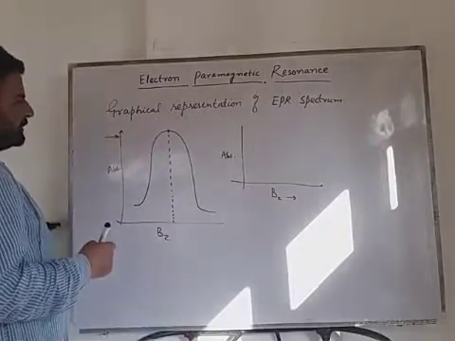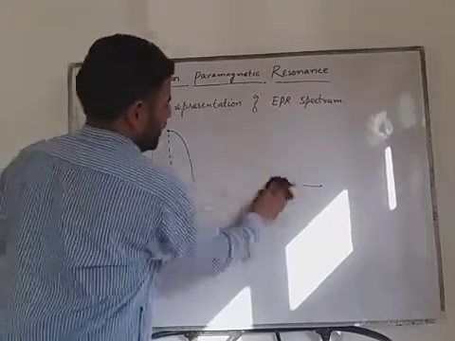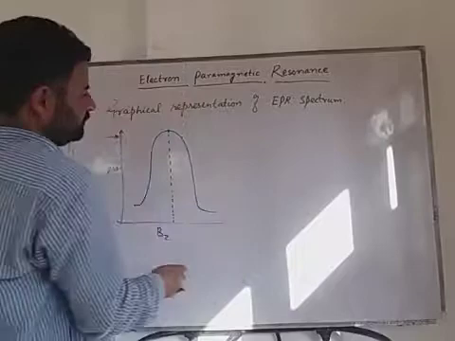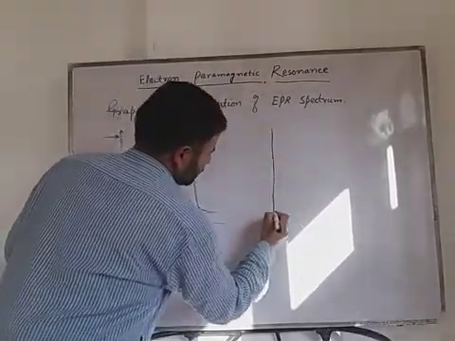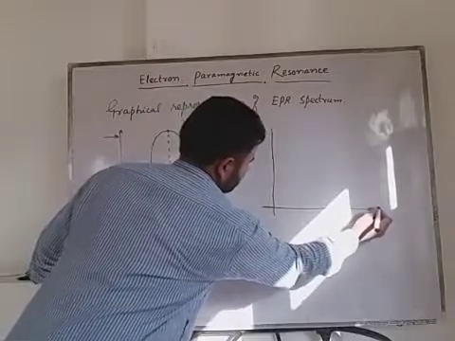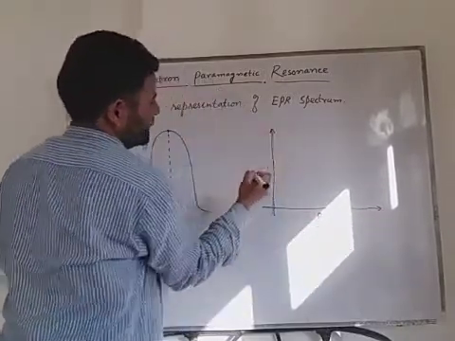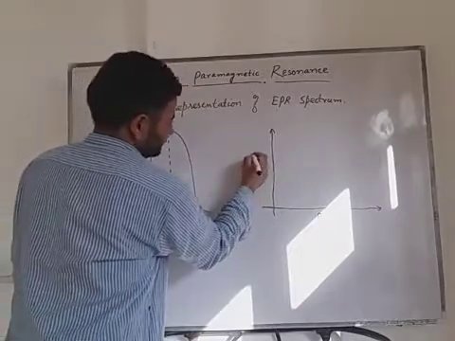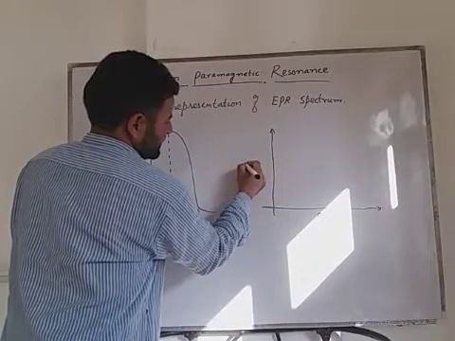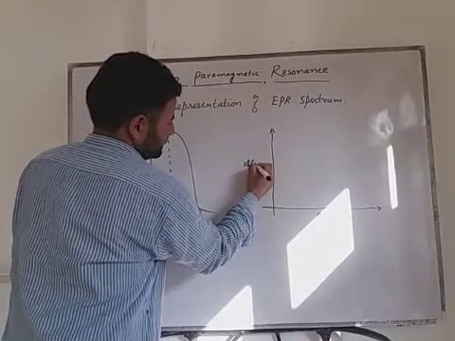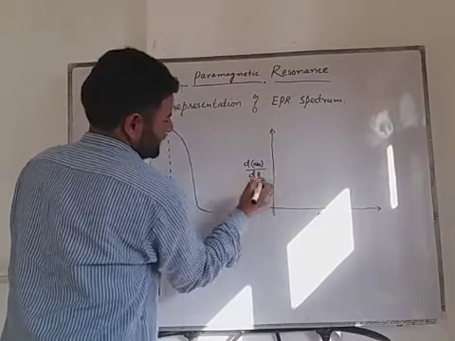So what we do, we take a derivative spectrum of it. How will we take that? For the derivative spectrum, we take the magnetic field in this direction, and this will be the first derivative of absorbance, that means d absorbance by dBz.